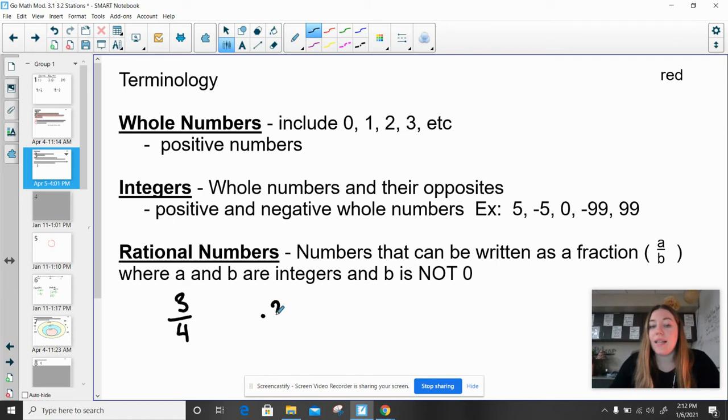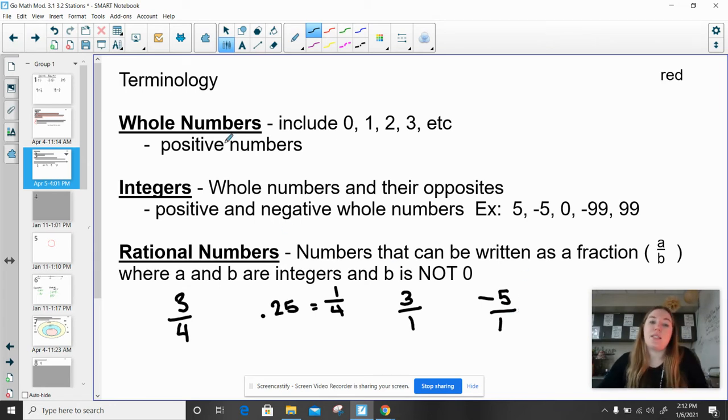We have decimals, like 0.25 or 25 hundredths, which can be written as a fraction, as well as whole numbers, like 3. We can write this as a fraction by putting it over 1, and all of our integers can be written as a fraction by putting them over 1.